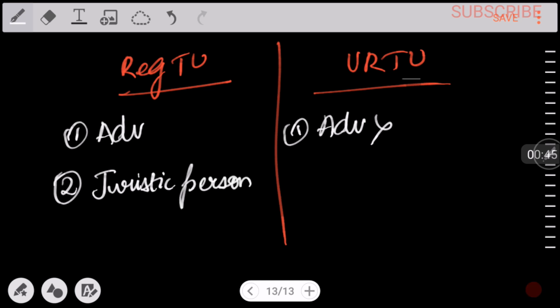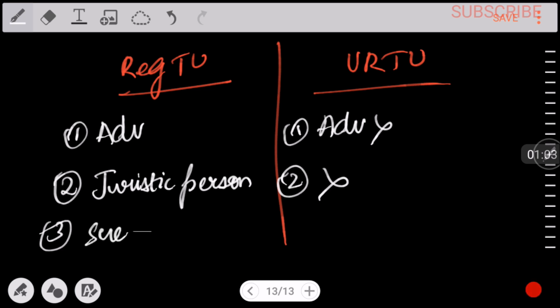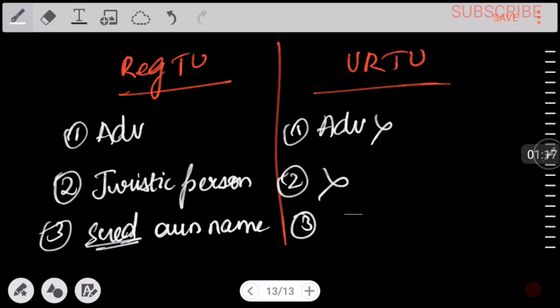An unregistered trade union is not a juristic person. It is only an association of persons. Third point, a registered trade union can sue or be sued in its own name. An unregistered trade union cannot sue or be sued in its own name.